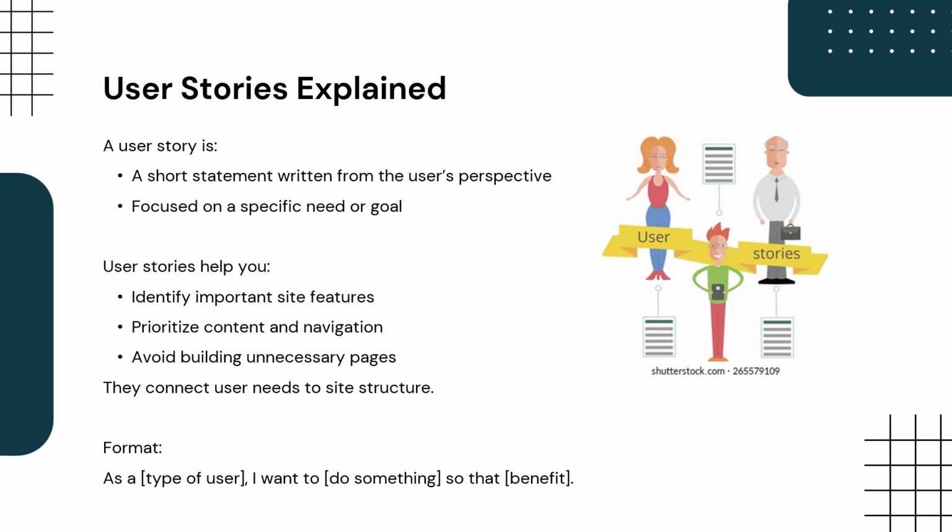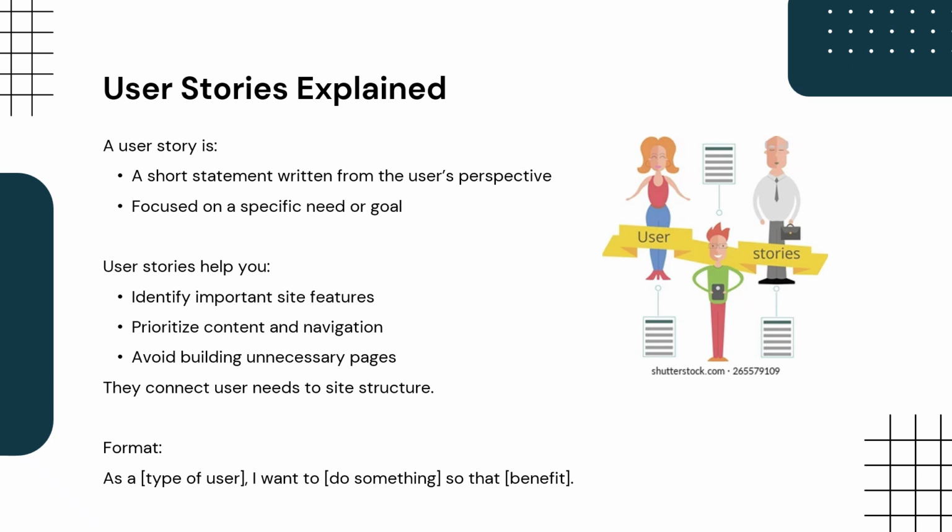This format forces you to focus on who the user is, what they want, and why it matters to them. An example could be: as a visitor, I want to read about the organization's mission so that I know what they stand for.